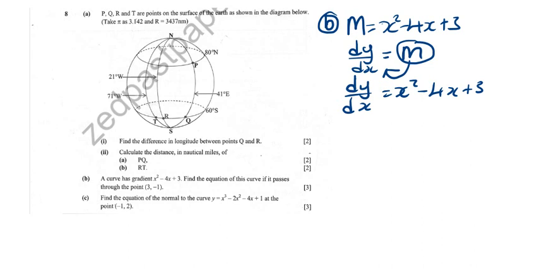Now you have to understand that they have said we need to find the equation of the curve, which simply means that we need to find the original equation before it was differentiated. Now we remember that differentiation is just the opposite of integration. Integration is the one which is going to help us come up with the equation of this curve, since you have been given the gradient.